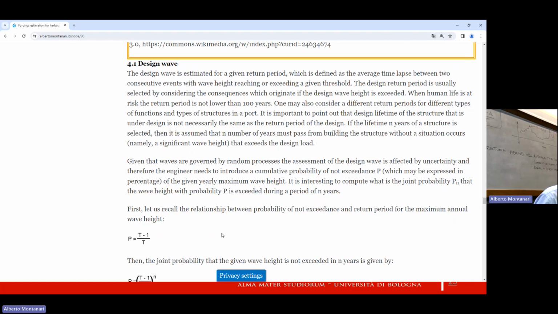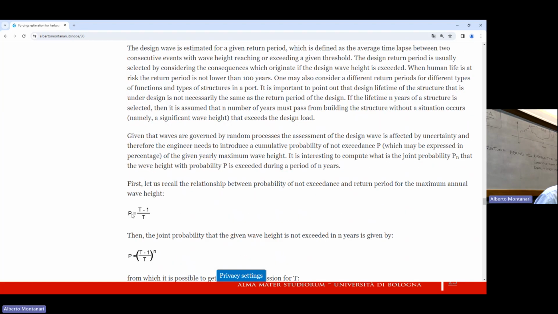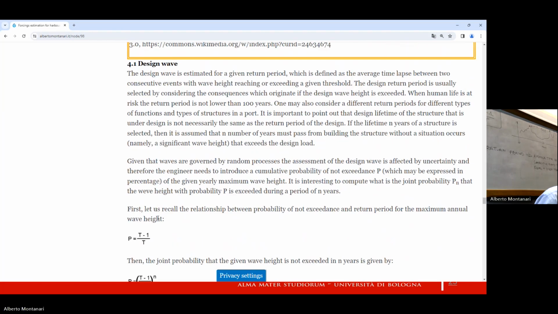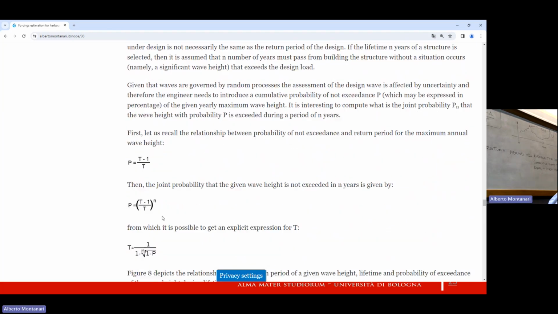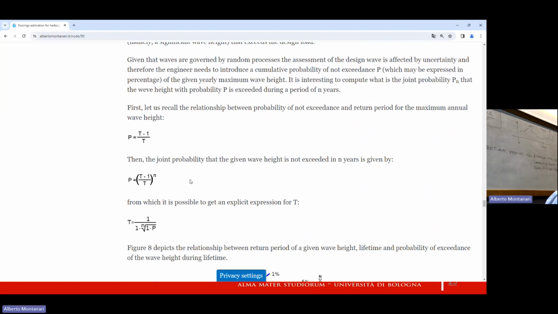Okay, now we already illustrated the relationship between probability and return period. Now, it is interesting to look at the next relationship. So the joint probability that a given wave height is not exceeded in n consecutive years is obtained by raising the previous relationship to the power of n. I want to explain better. What is probability?